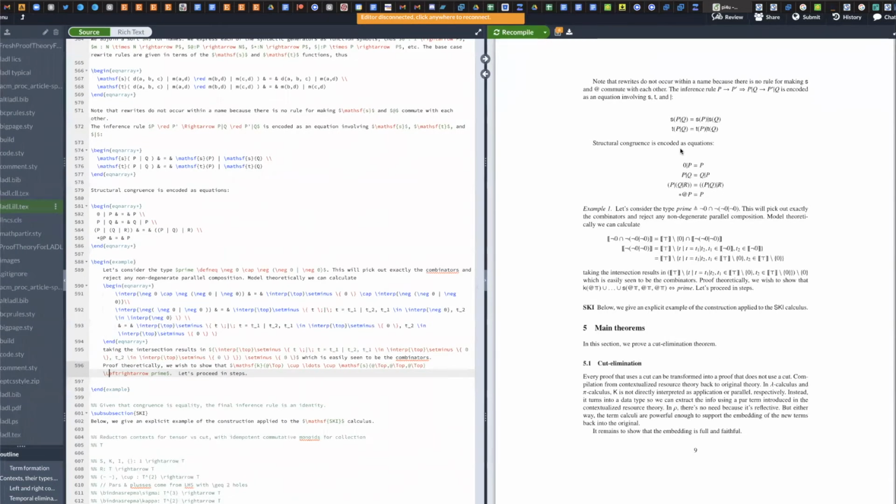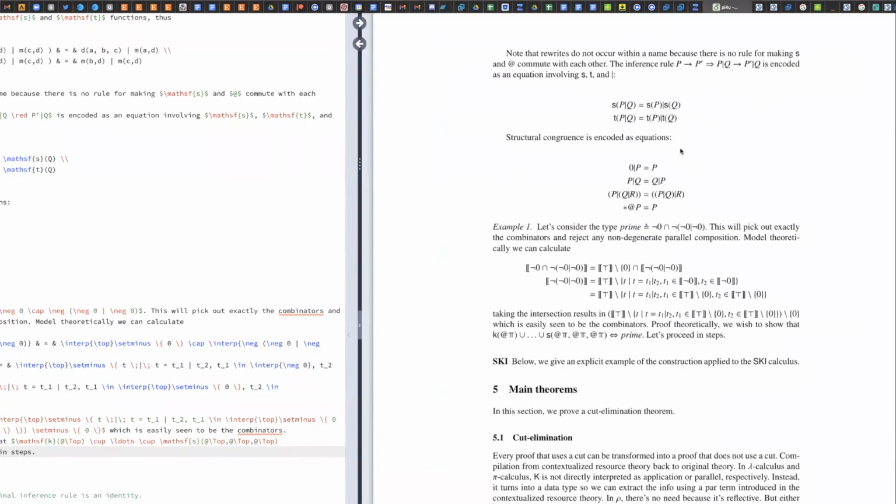So what Mike and I are working on now that we've got the system more or less nailed down is looking at key examples. Of course, one of the key examples is prime.